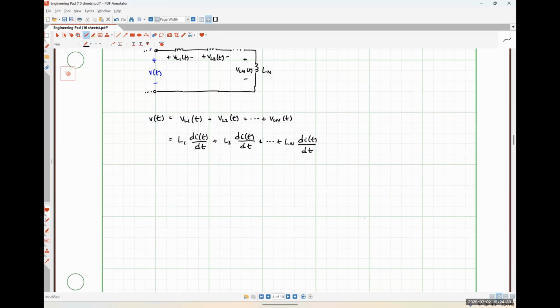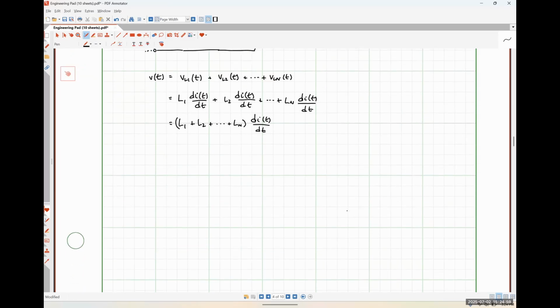So there's a common factor of di by dt in all of these terms. So I can effectively take that part out. Actually, let me do it like this: L1 plus L2 all the way out to L sub n, like so, di by dt.